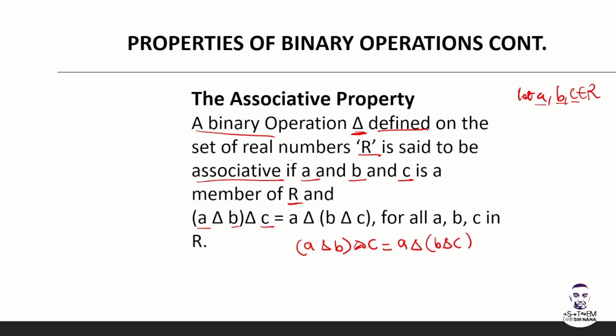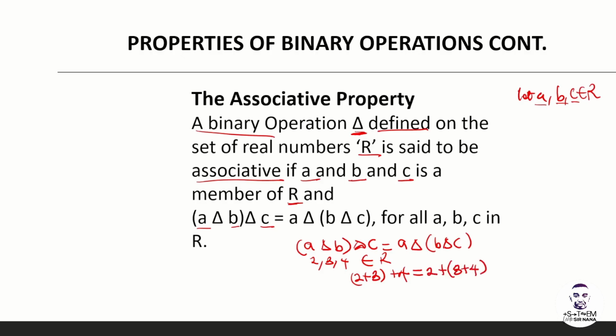So we can use real numbers to understand it better. For instance, if we have 2, 3, and 4, and we say these three belong to the set of real numbers, we can have 2 plus 3, in brackets, plus 4. And we say that can be equal to picking the first one, 2 plus, bracket open, 3 plus 4.